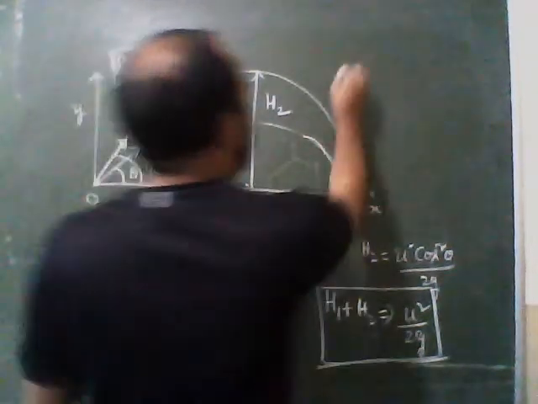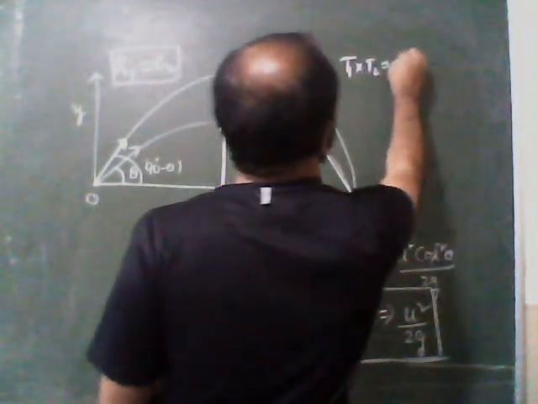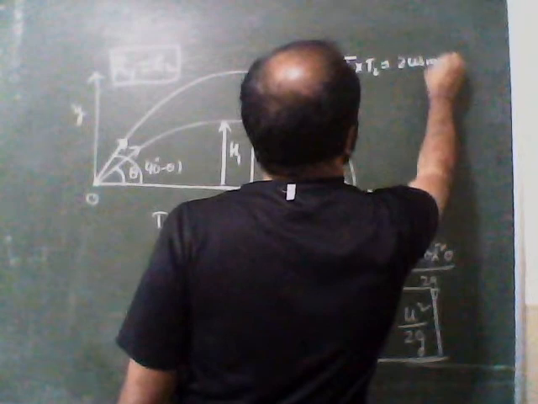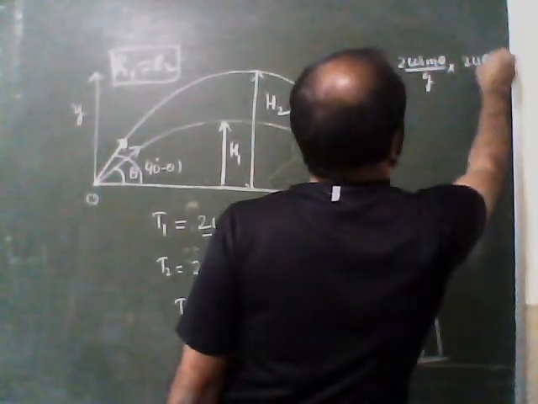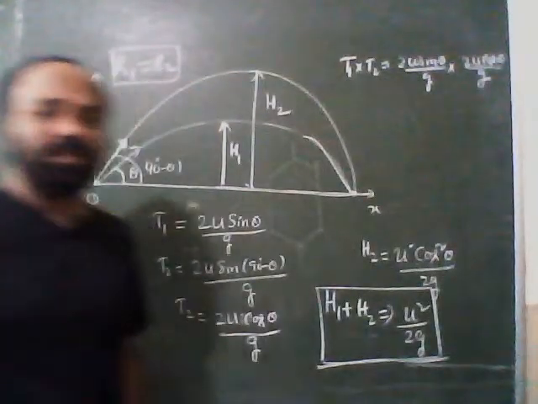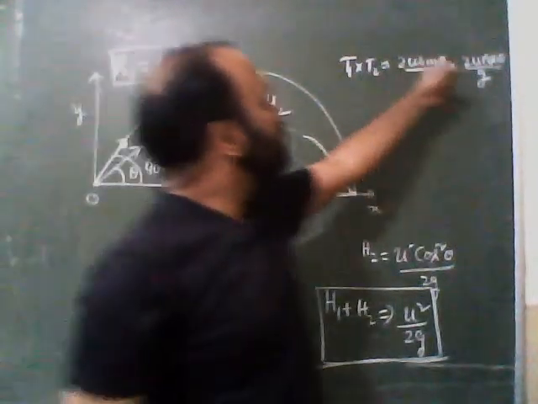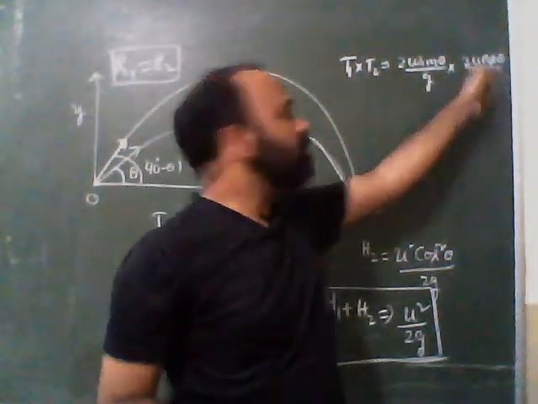Now, the product of the times, t1 into t2, is 2u sin theta by g into 2u cos theta by g. u into u becomes u square.